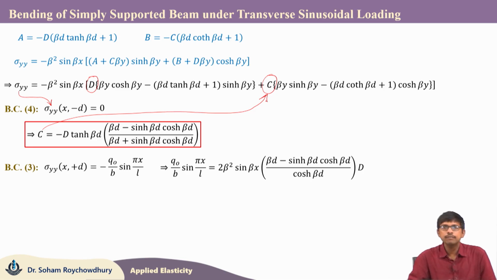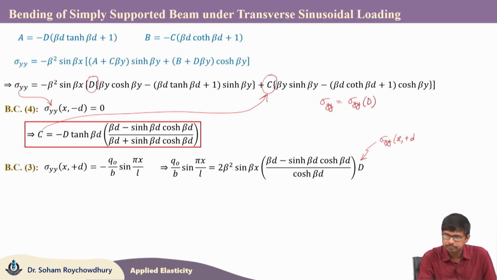Then sigma y is just a function of d, only one unknown constant. You can see this right hand side is sigma y at x comma plus d, which contains only one constant, capital D, and the left hand side is q naught by b sin pi x by L. The minus sign I have cancelled from both sides.